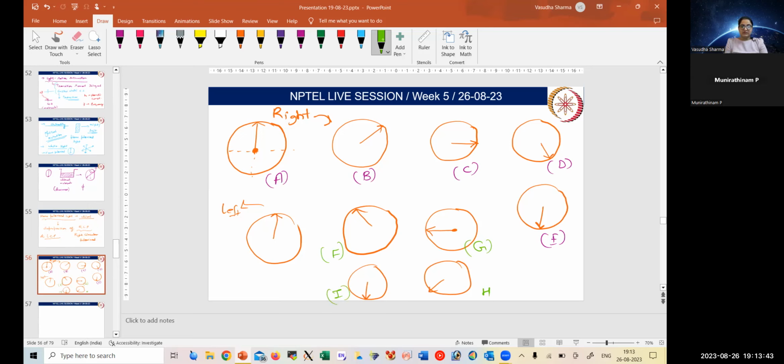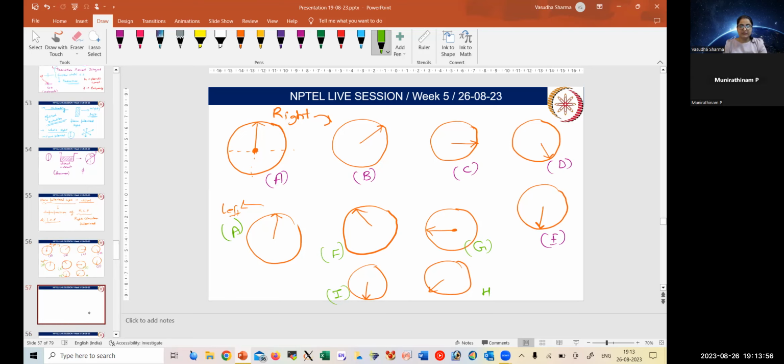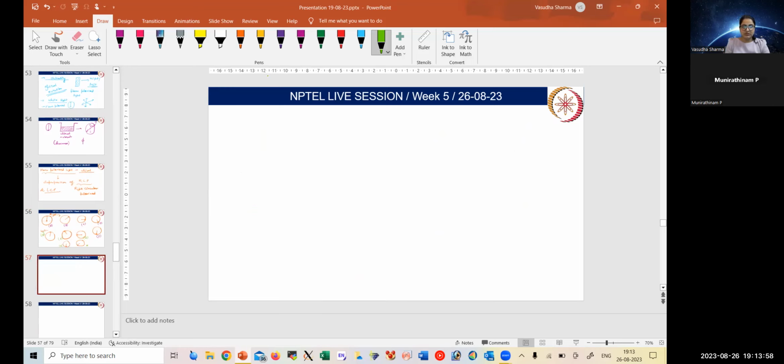So this is A only. Now superposition is nothing but the integration of both parts. When I have the first part and second part, I add both of them. The resultant direction would be your final plane polarized light direction. So ultimately we have one over the other.